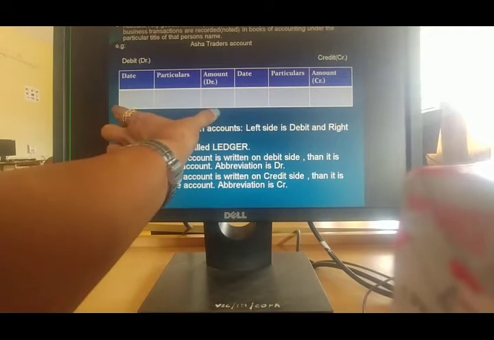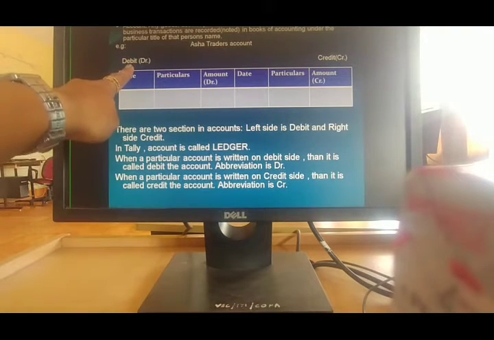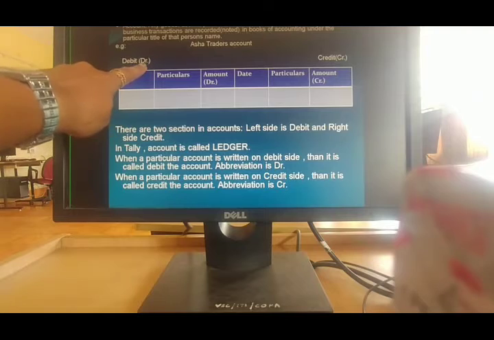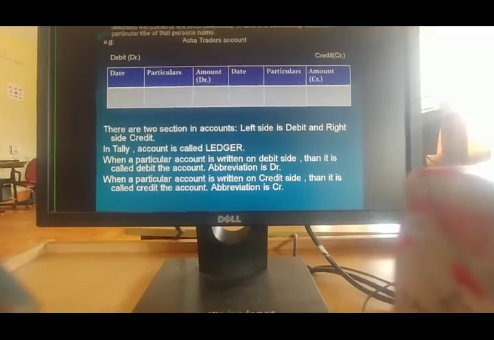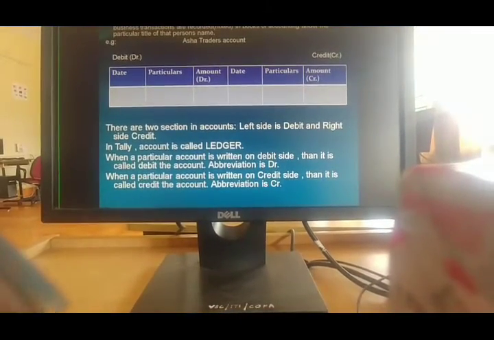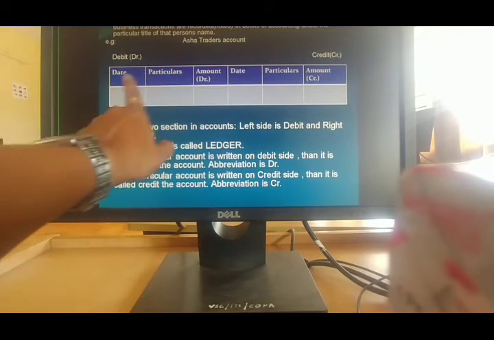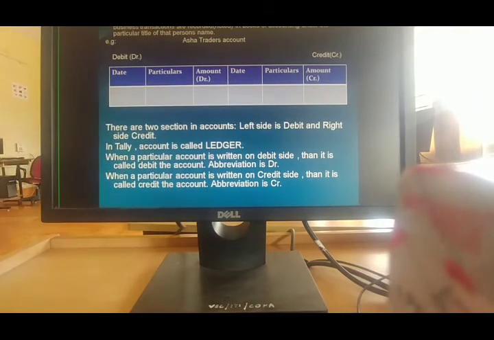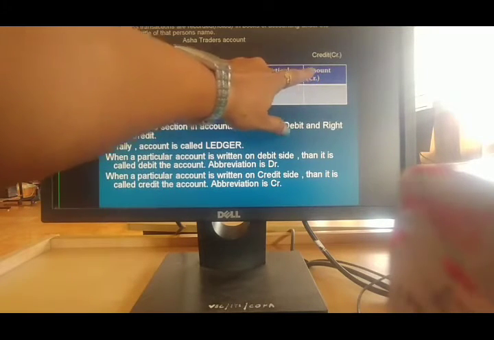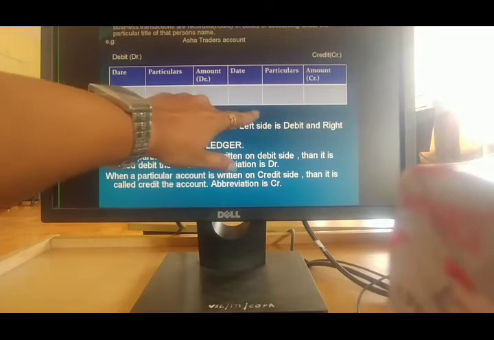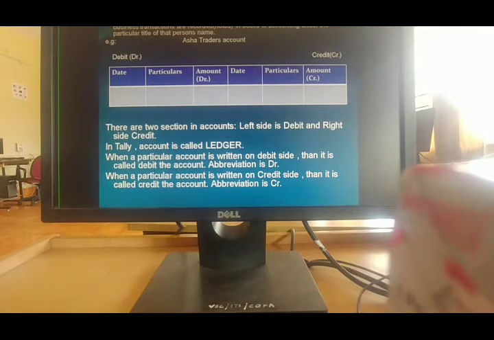The left section is called debit, or in short form DR. Next, on the right hand side, the same thing follows: date, particulars and amount, and this section is called credit, or short form CR.